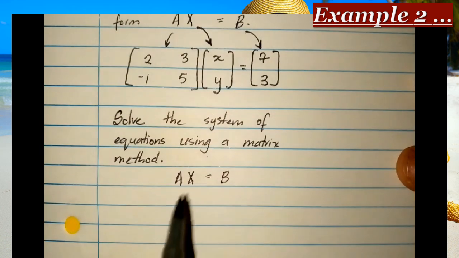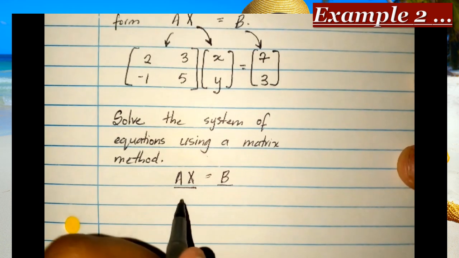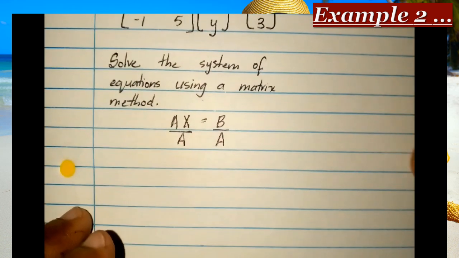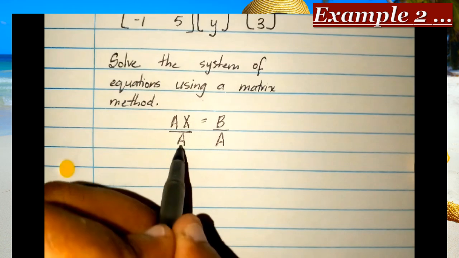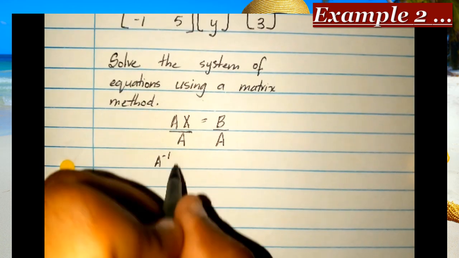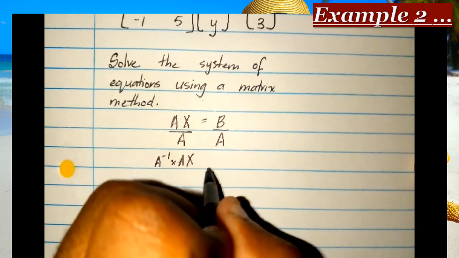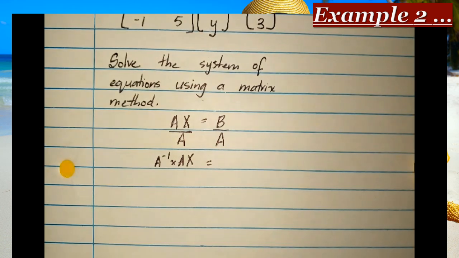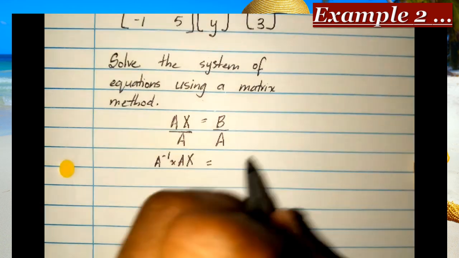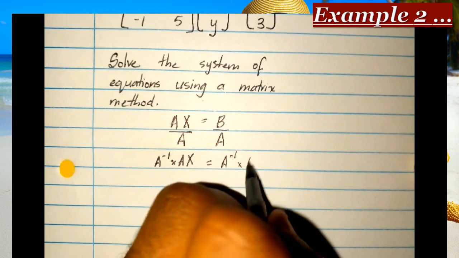So I need to solve for X. To do this, I need to divide both sides by A algebraically, but remember now that there's no division in matrices. So I need to rewrite this divided by A as A inverse times our numerator, AX. And if I do that to the left, then we're going to have to do it on the right. So I'm rewriting this divided by A as A inverse multiplied by the numerator, B.